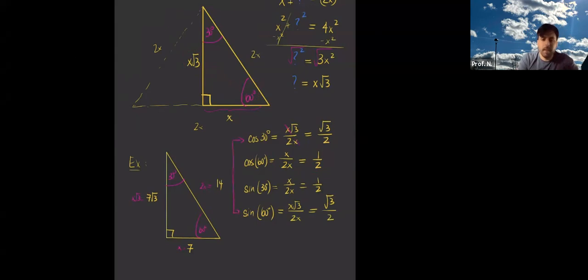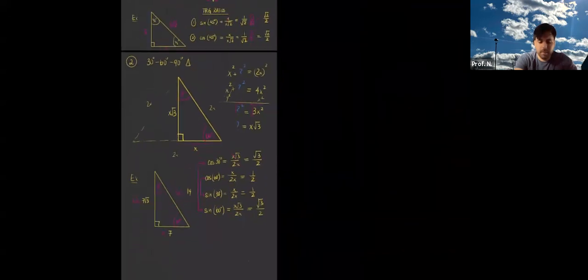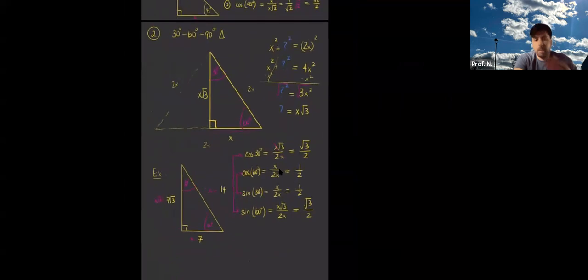And cosine of 60 degrees is actually the same thing as sine of 30 degrees. Make sense? Okay.